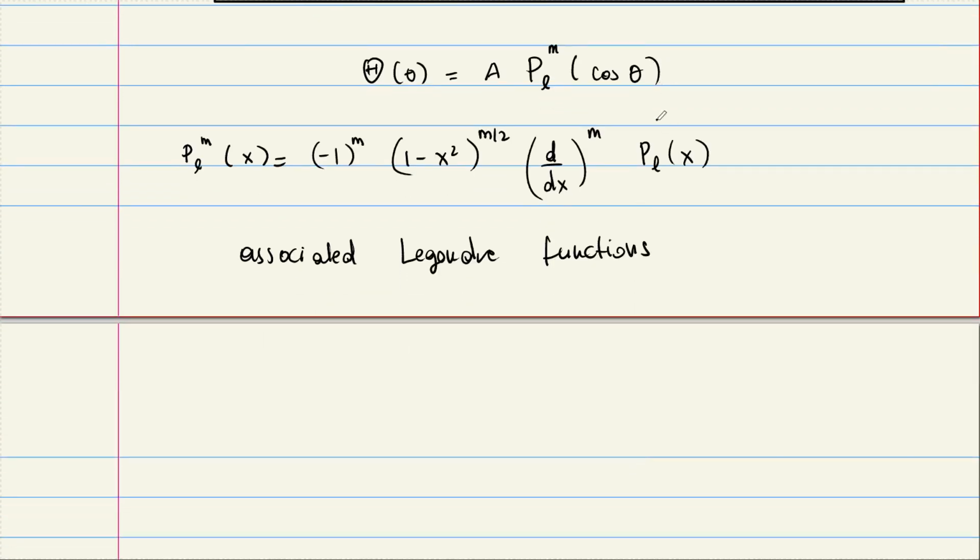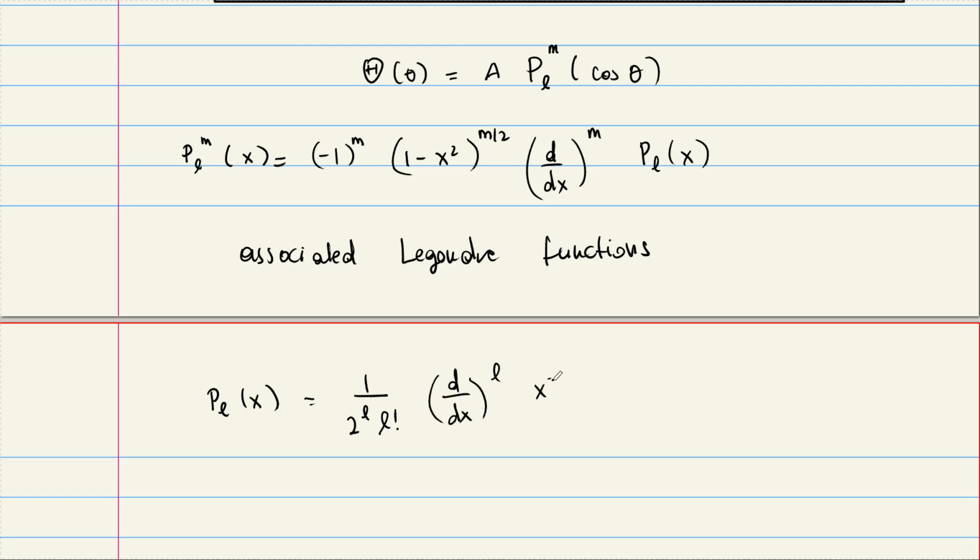And this P with one index is the so-called Legendre polynomials, and they are given by 1 over 2 to the l... So these are Legendre polynomials.